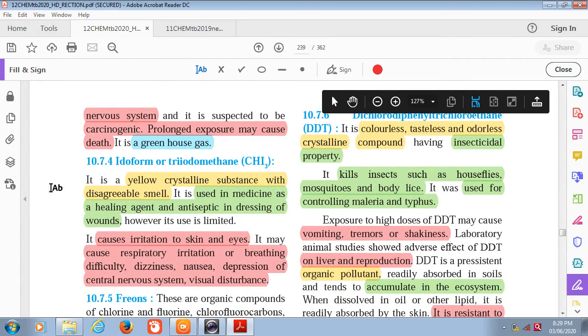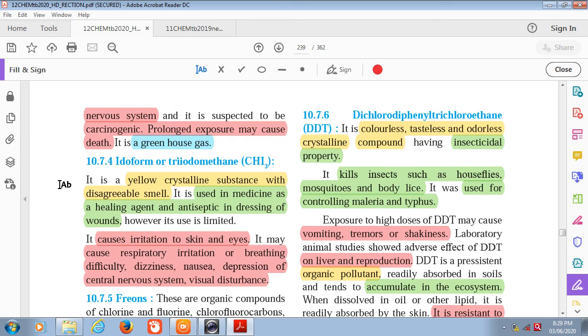Then the next compound is iodoform, CHI3. The IUPAC name is triiodomethane. It is a yellow crystalline substance with a disagreeable smell. And what is the use? It is used for medicinal purposes for healing wounds, and that's why it is called a healing agent.